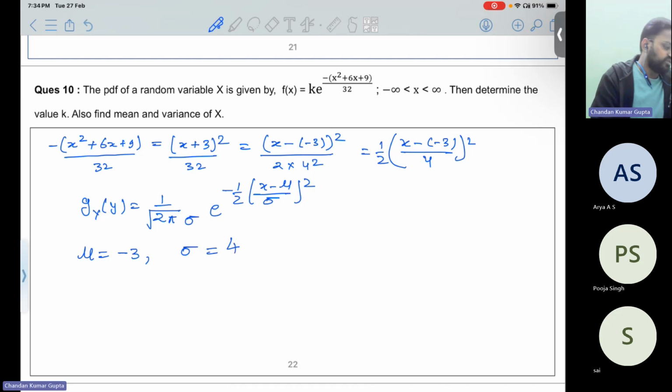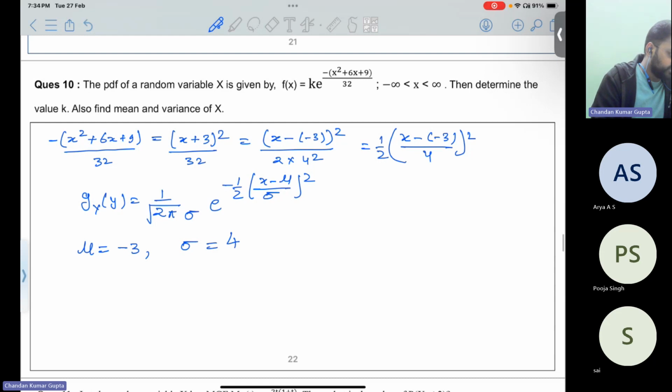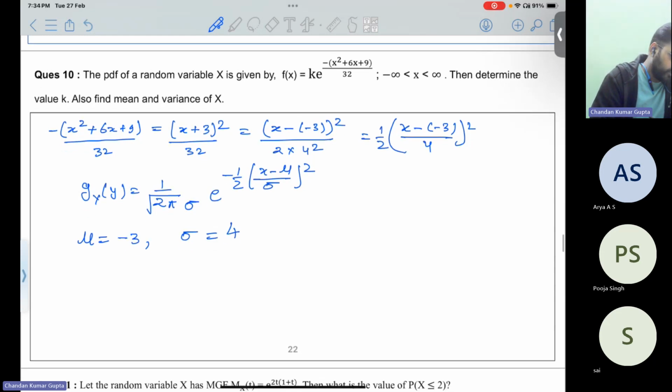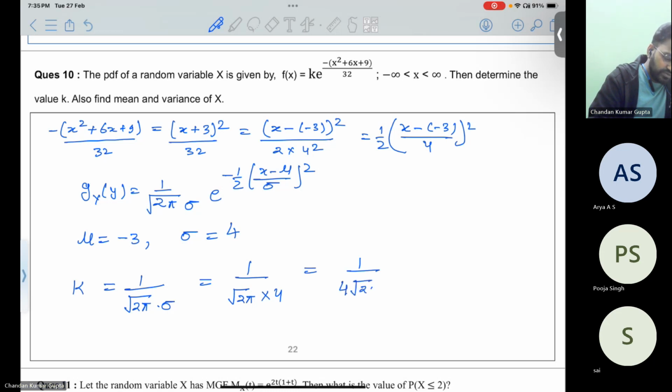Okay, and with the help of these two, we will calculate the value of k, which is equal to 1 upon root 2 pi sigma, with sigma equal to 4, which is equal to 1 upon 4 root 2 pi.